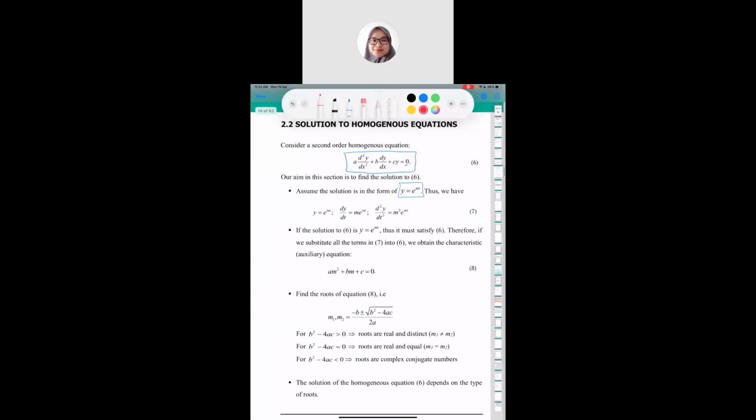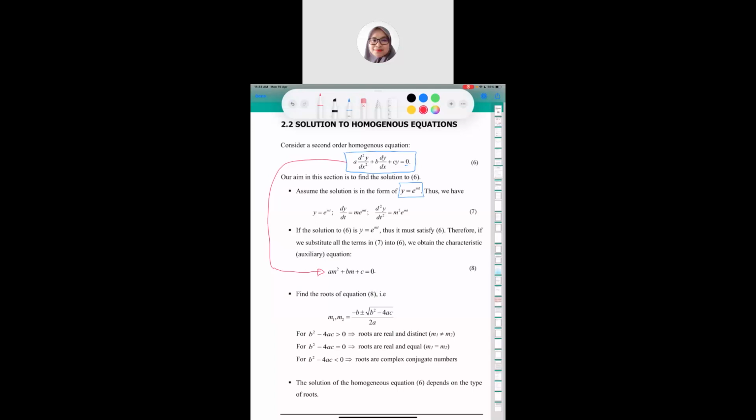Once you have homogeneous equation, biasanya kita skip y = e^(mt) ni, kita terus guna characteristic equation. Saya terangkan you substitution tu supaya you tahu mana datangnya characteristic equation. So terus kita masukkan dalam characteristic equation and then kita dapatkan roots.